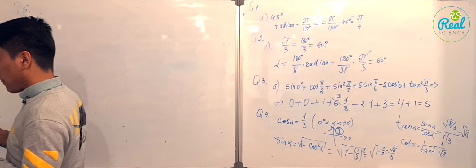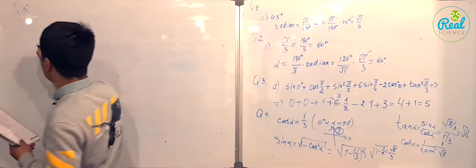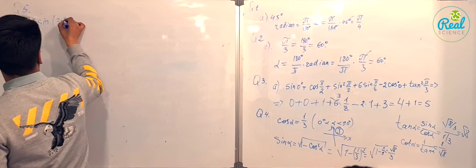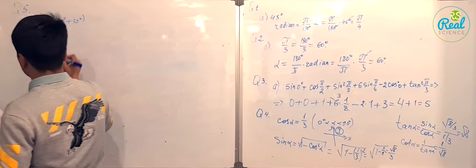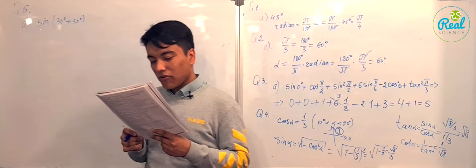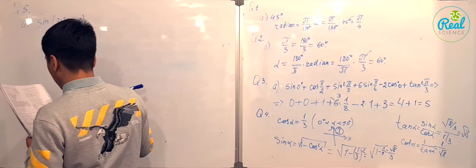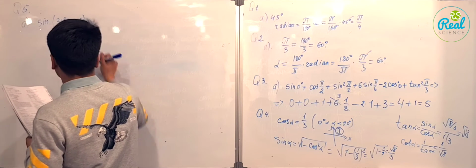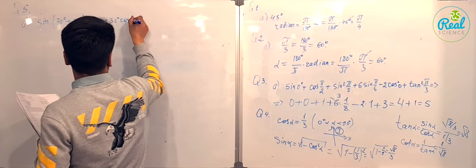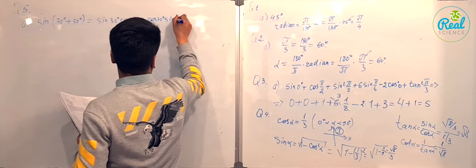Question number 5. Find the values of the following using the formula of addition. A: sine 30 plus 30. It's easy, but anyway, we're going to find it. Sine 30 cosine 30 plus cosine 30 sine 30.